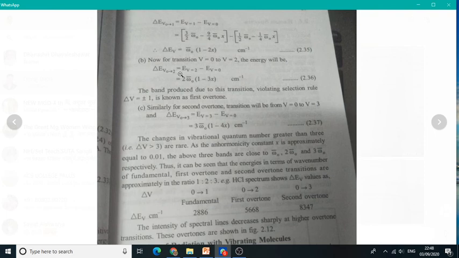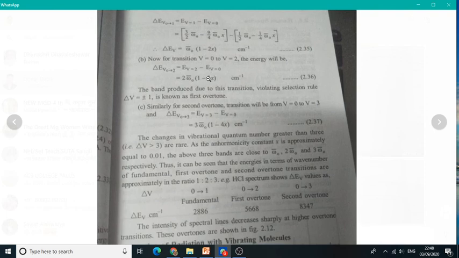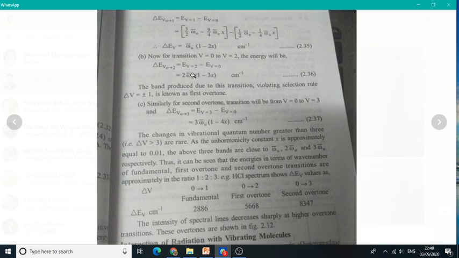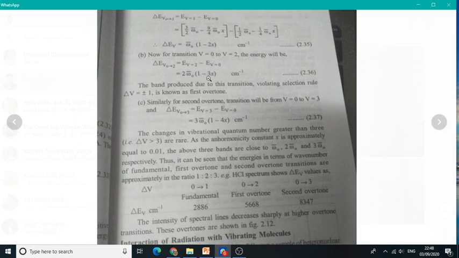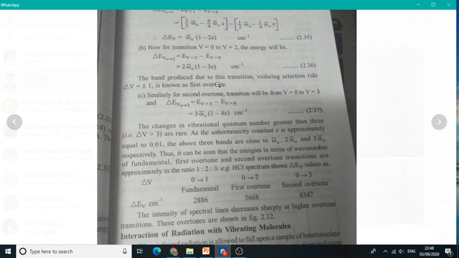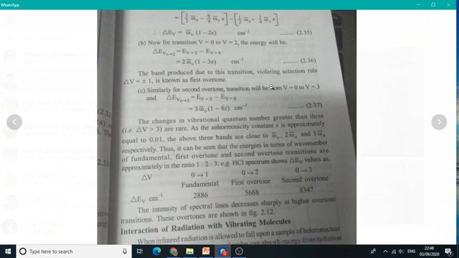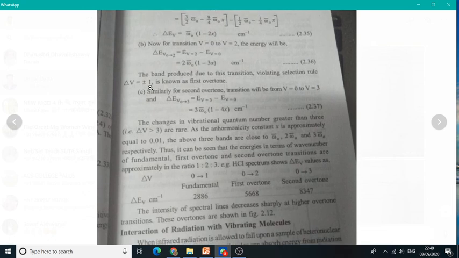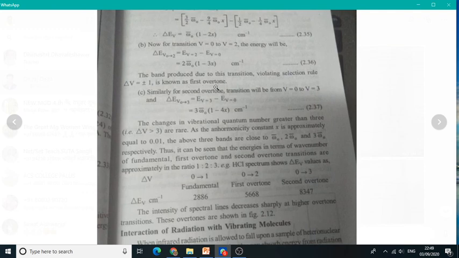Then for the first overtone transition, we have the transition from phi equal to 0 to phi equal to 2, and the energy difference becomes equal to 2 omega bar oscillation in bracket 1 minus 3x, and the band produced due to this transition violates the selection rule, that is delta phi equal to plus minus 1, and it is known as the first overtone transition.